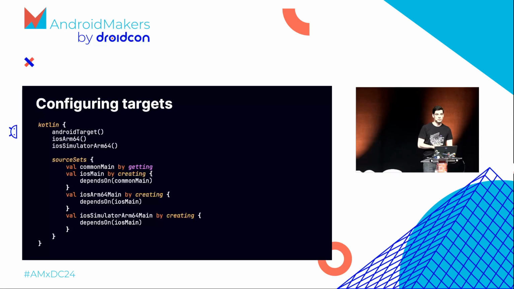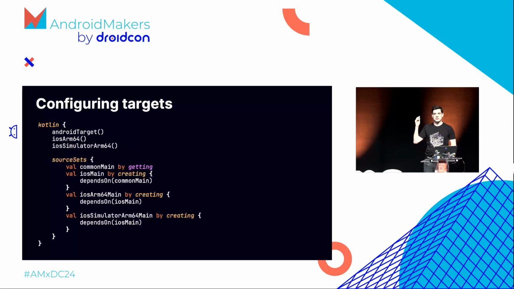Something we've also improved significantly around the stable release in 1.9.20 was the configuration of your multi-platform projects. If you are targeting platforms such as iOS, where you have multiple different architectures that you're compiling to, then you would usually want to have a shared source set just for iOS architectures so that you can write iOS-specific code once, and then it will compile to each of those specific targets.